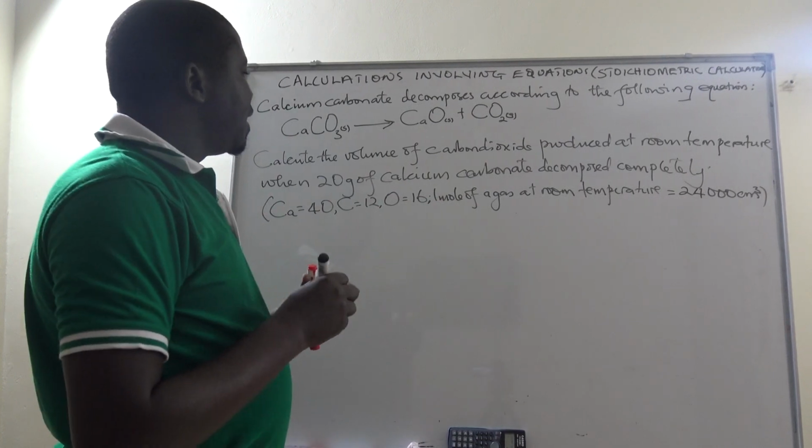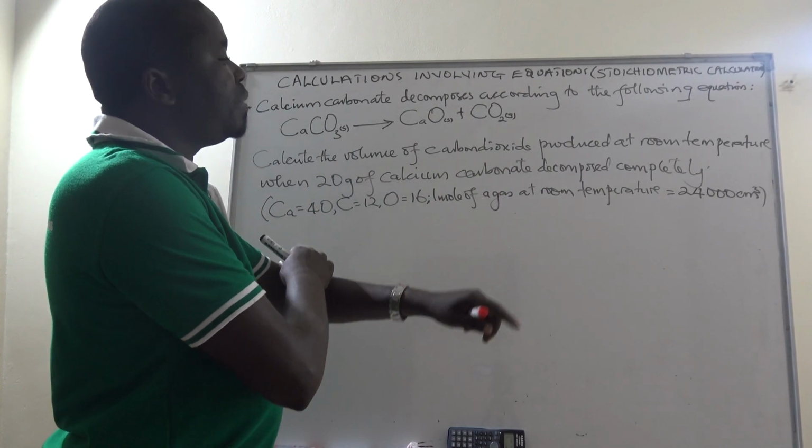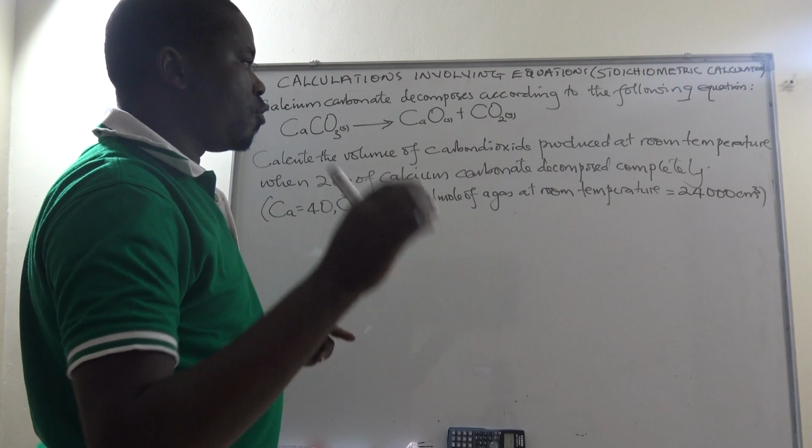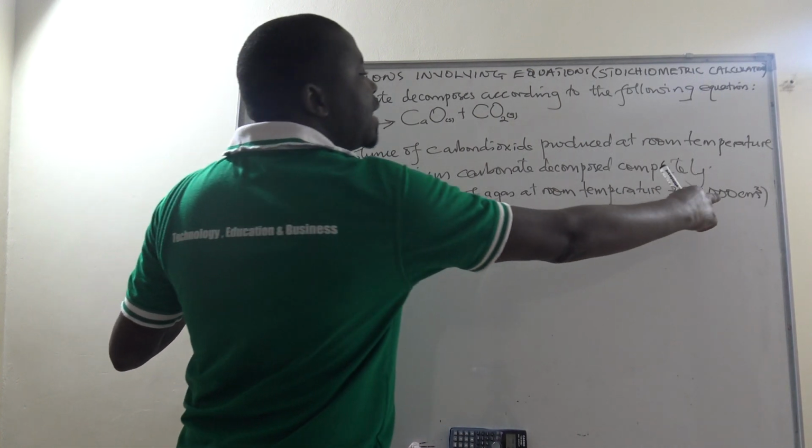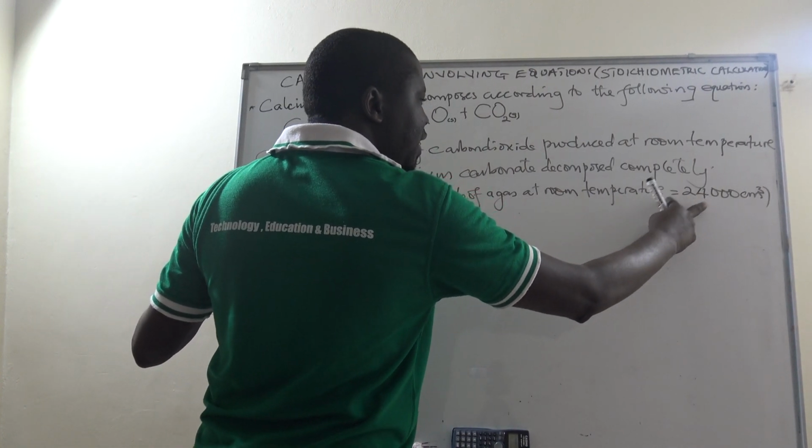Remember, I said that the value of the molar gas volume will be given to a candidate for a candidate to use. So you need to strictly adhere to the volume that you have been given.